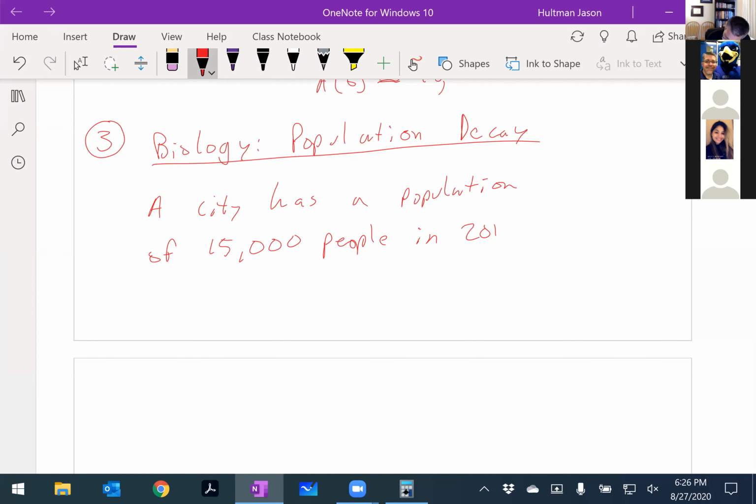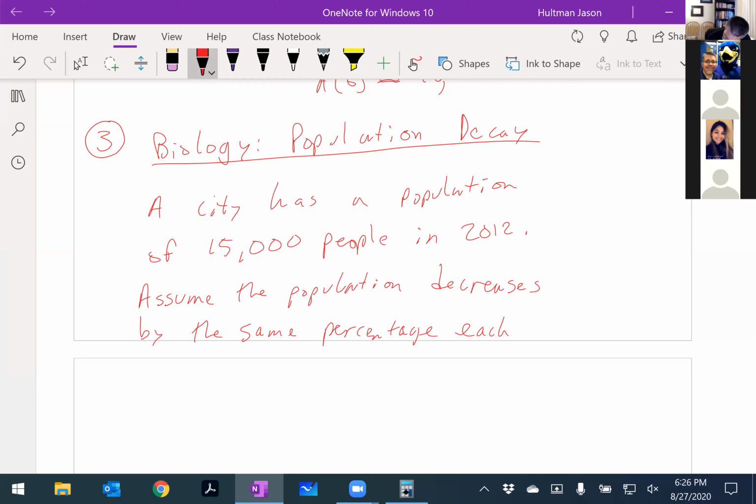Assume the population decreases by the same percentage each year.